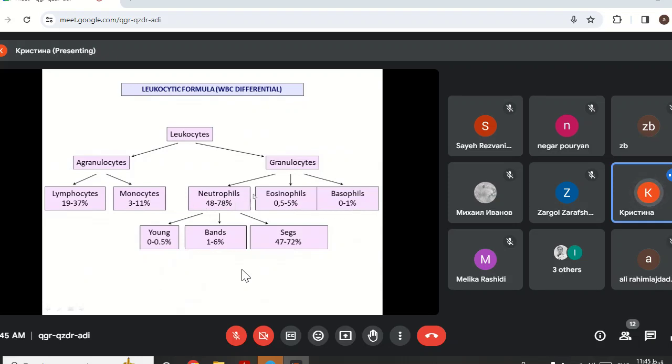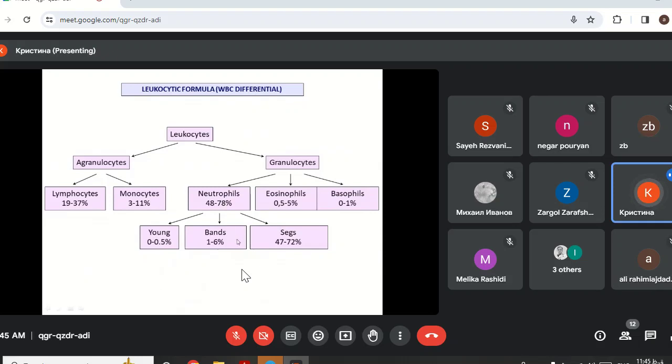And among neutrophils we have neutrophils of different stages of differentiation. The most differentiated, fully differentiated, are called neutrophils with segmented nuclei, or SEGs. They are about 47 up to 72% of all the leukocytes. Also, we can find the so-called bands.